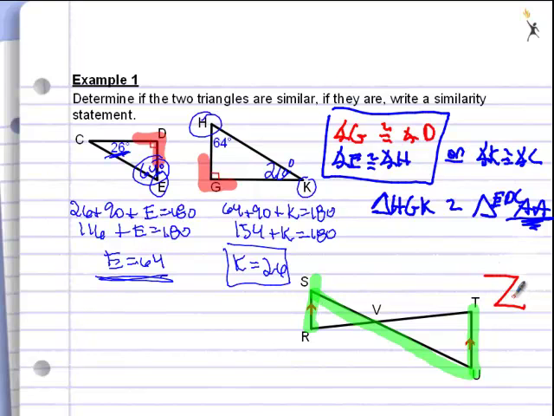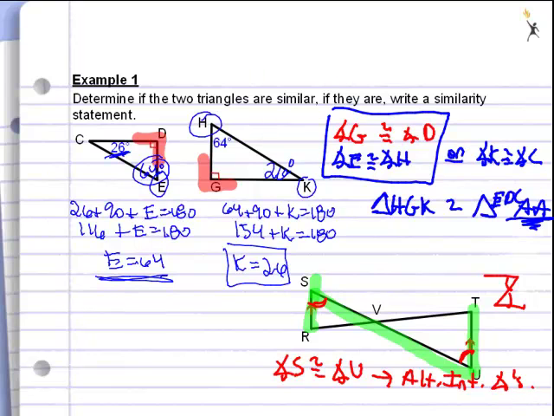And I remember that when I have a Z and parallel lines, I have alternate interior angles. And when two lines are parallel, cut by a transversal, alternate interior angles are congruent, meaning angle S is congruent to angle U. Why? Because of alternate interior angle theorems.